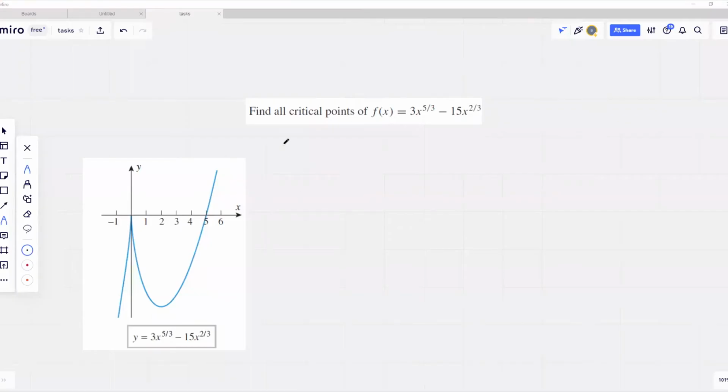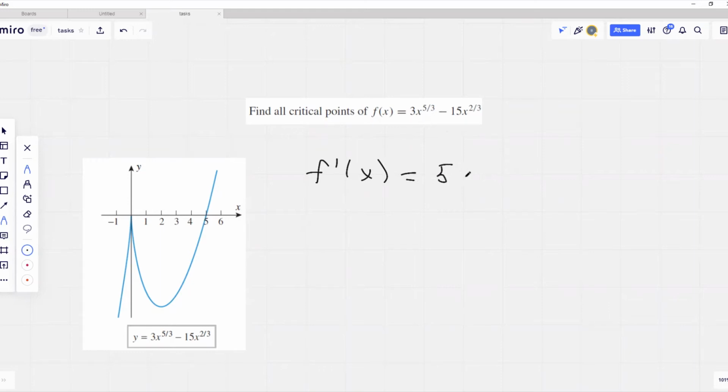Let's find all critical points of the following function. So we need to find points where our function is not differentiable or the first derivative is equal to 0. So let's find the first derivative of this function, which is equal to 5 over 3 multiplied by 3.